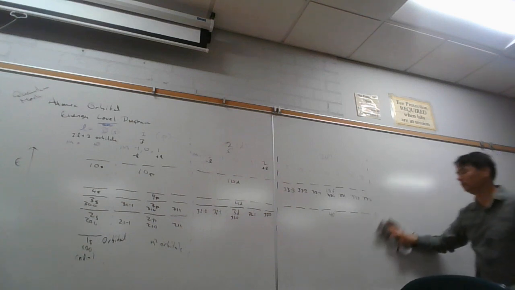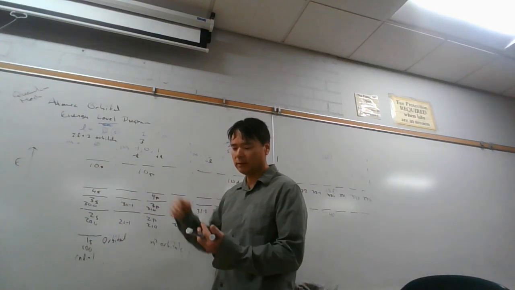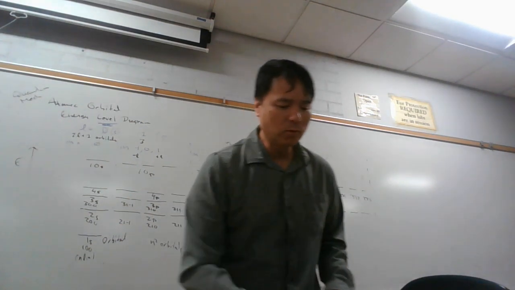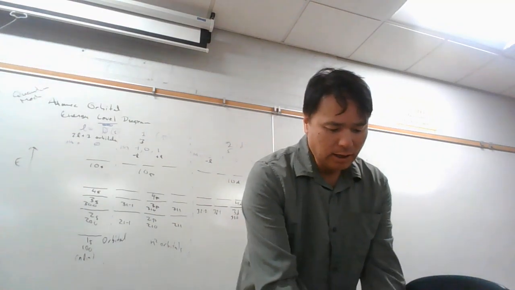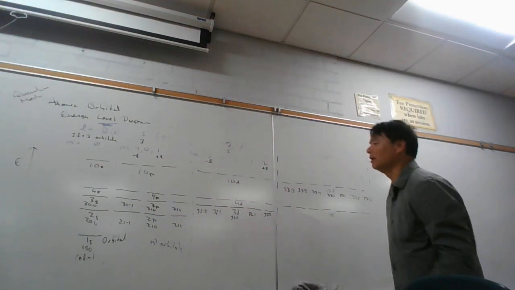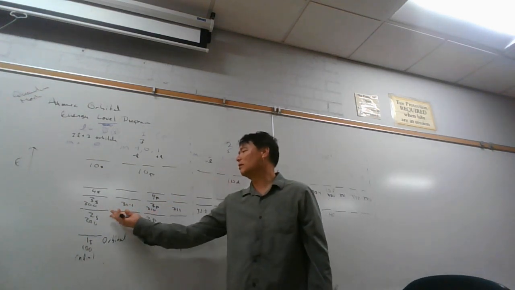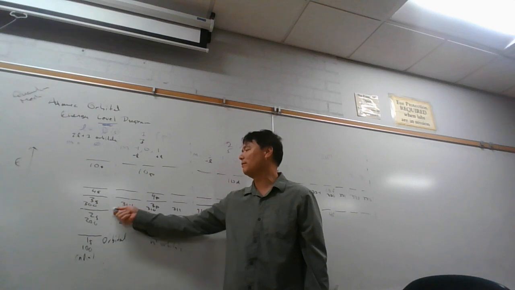The Bohr model could explain hydrogen, but the Bohr model couldn't explain anything with more than one electron, because what happens when we have more than one electron, the sublevels split. What I mean by splitting is they're no longer energetically degenerate. They don't have the same energy.